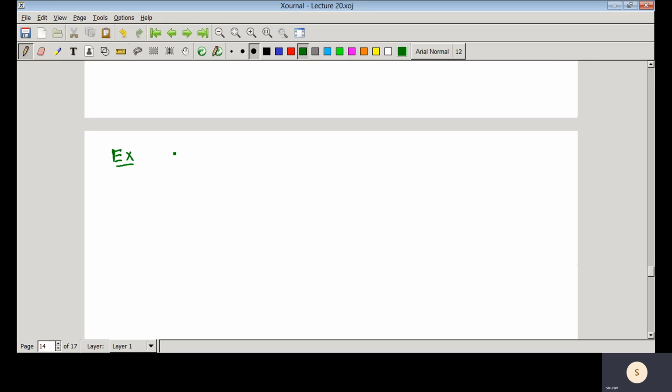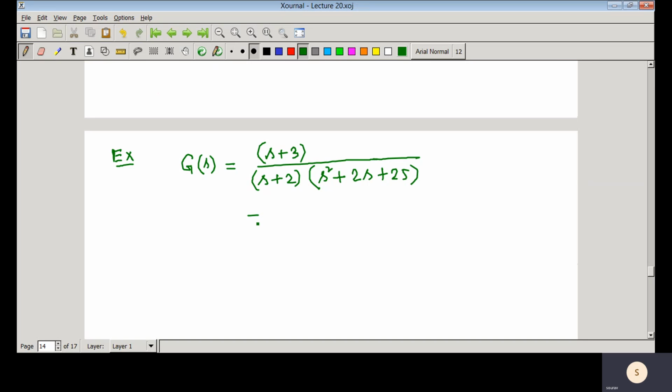Suppose the loop transfer function is given as G(s) equal to (s plus 3) over (s plus 2) times (s square plus 2s plus 25). The first step would be taking common factors, here 2 into 25.